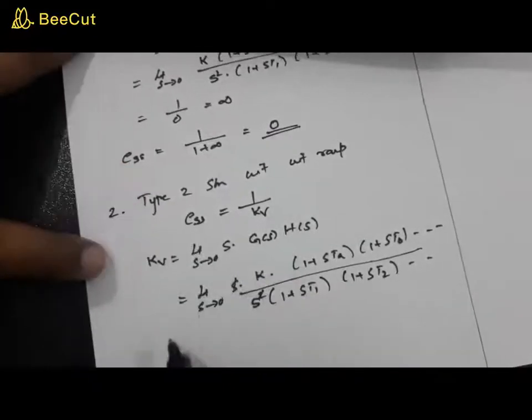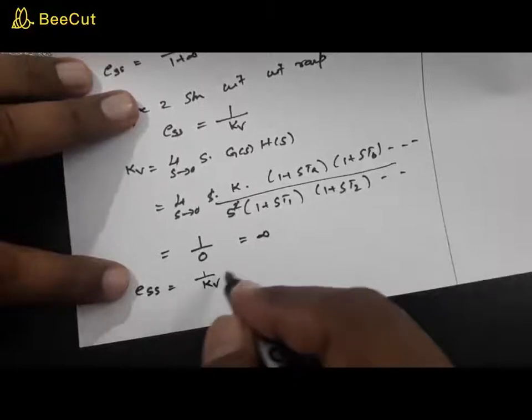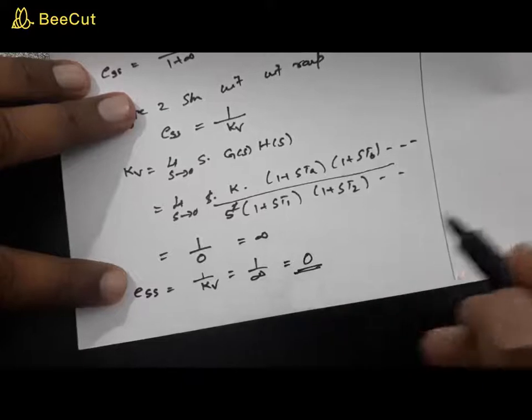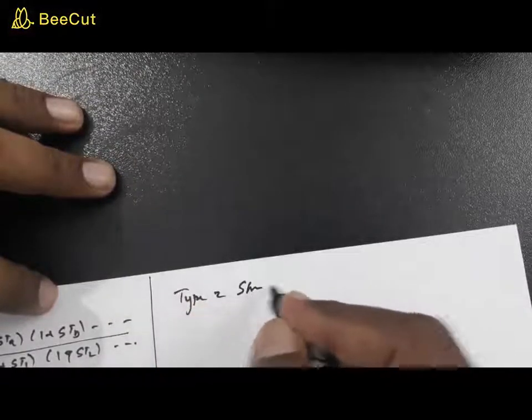Again you have an s, so this becomes 1 by 0, and that is infinity. What is the steady state error? The steady state error is 1/Kv, or 1/infinity, which is also equal to 0, meaning this unit ramp is also acceptable.